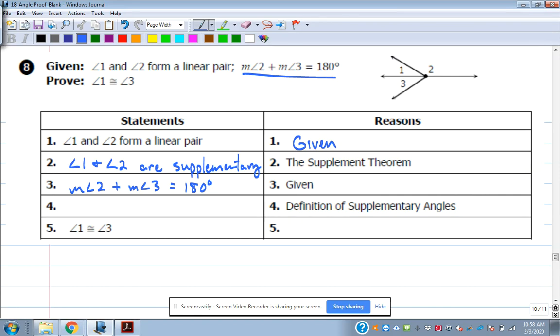No. That's true, but it doesn't help us get to the punchline. Our punchline is angle 1 is congruent to angle 3. So this statement, by definition of supplementary angles, tells us that angle 2 and angle 3 are supplementary.